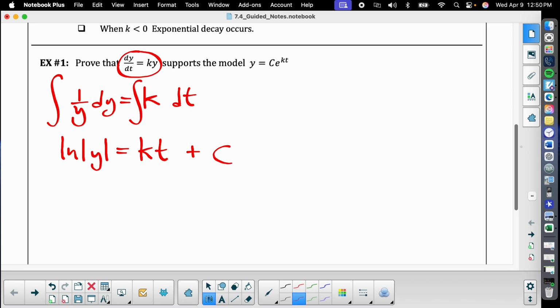So, no, I was about to say take it out of natural log form, but you guys do it like that, which is still correct and okay to do. But this will turn into absolute value y equals e to the kt plus c, which we are going to rearrange into e to the c times e to the kt.